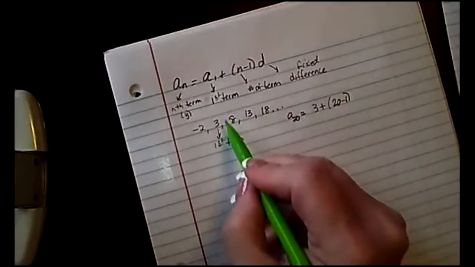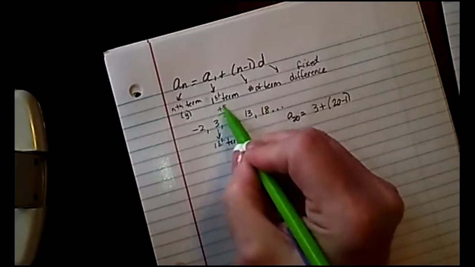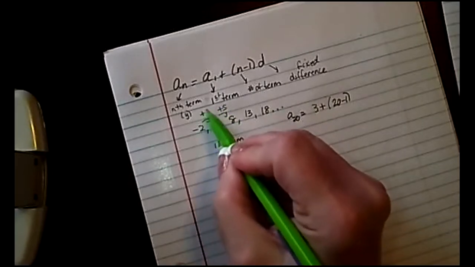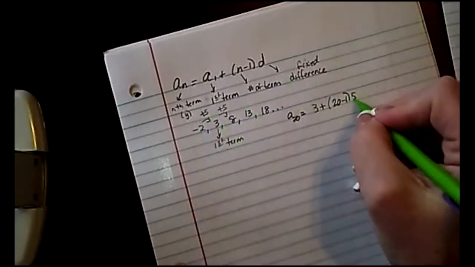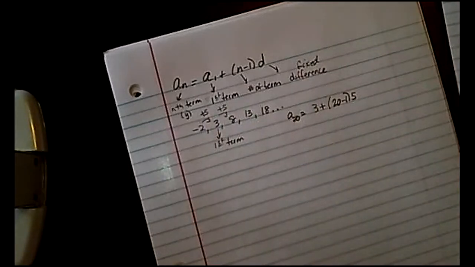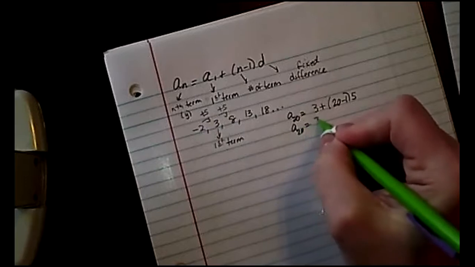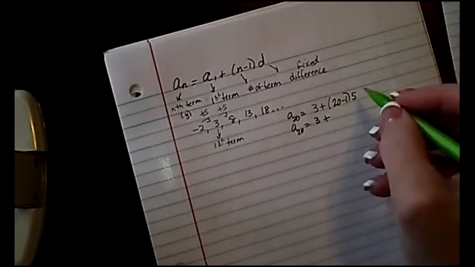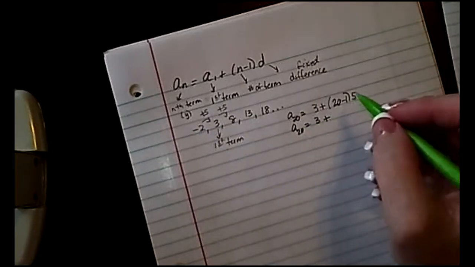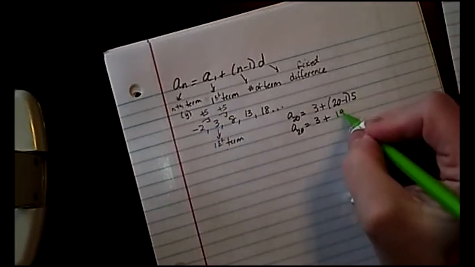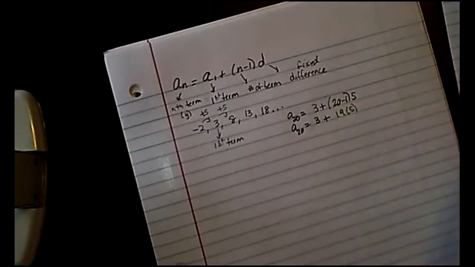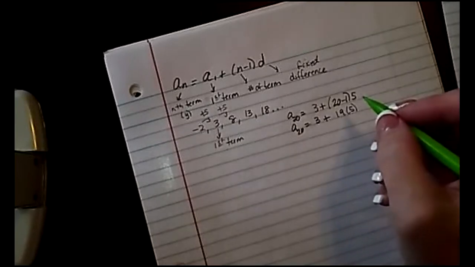And then what was our difference here? Well, our difference is a +5, so a difference of 5. So let's work that out. So our 20th term is going to be 3 plus 19 times 5. So it's going to be 19 times 5. Okay. And so that would be what?